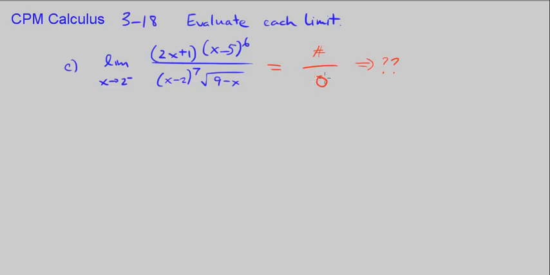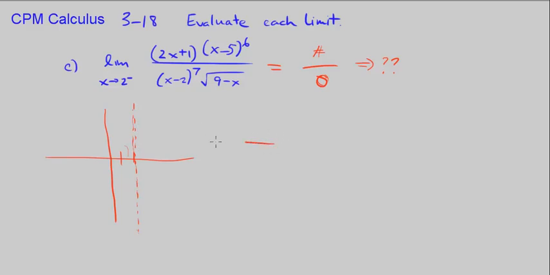So the limit doesn't really exist because at x equals 2 it's going to be undefined right here. There's probably going to be a vertical asymptote. Actually, there is, because we can't simplify it anymore. And when x approaches 2 from the left, is that going to be the same as when x approaches 2 from the right?